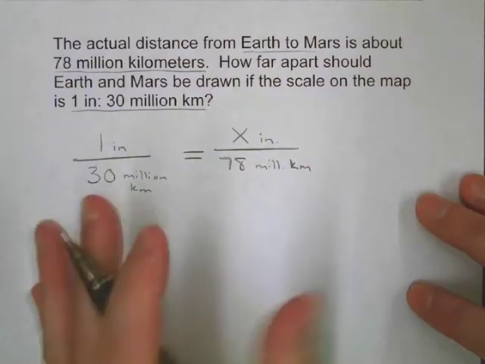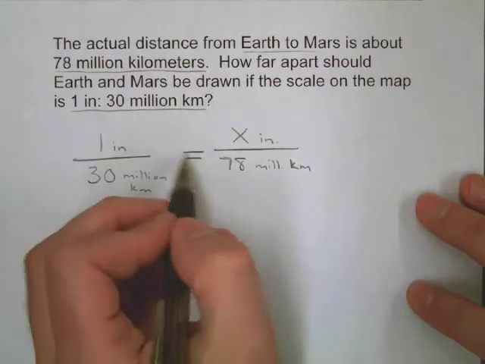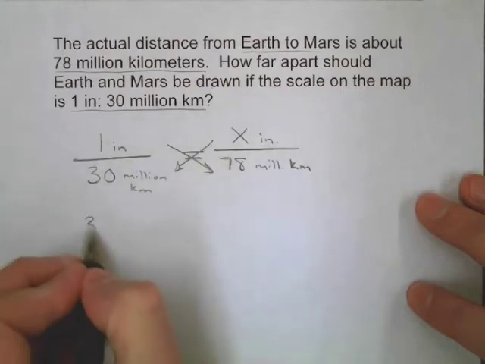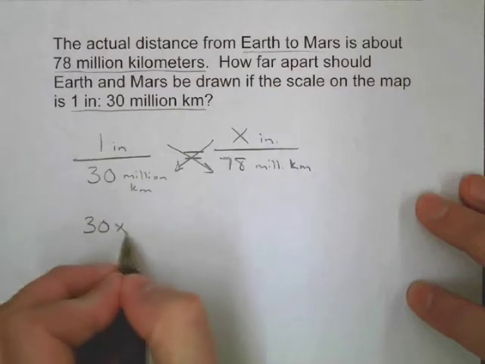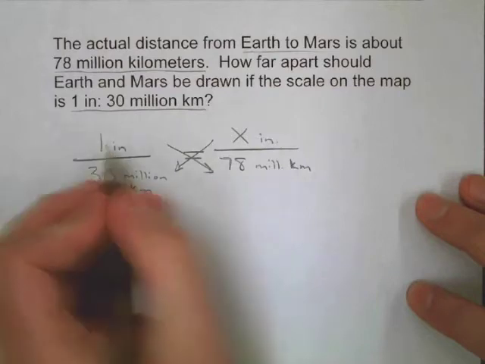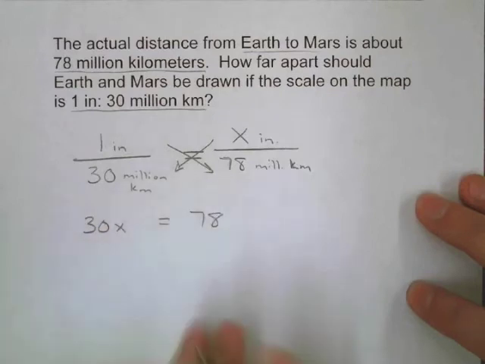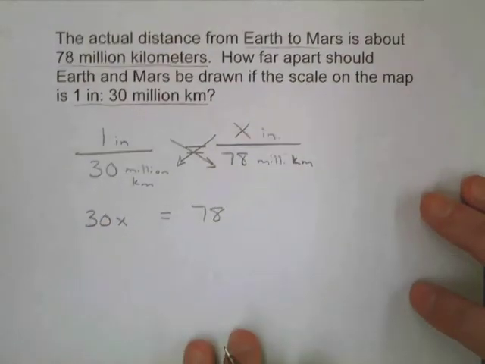So again, once we set up this proportion, we can use cross products. And we have 30x, I'm just going to leave the million kilometers off right now, and then 1 times 78 would be 78. So we have 30x equaling 78.